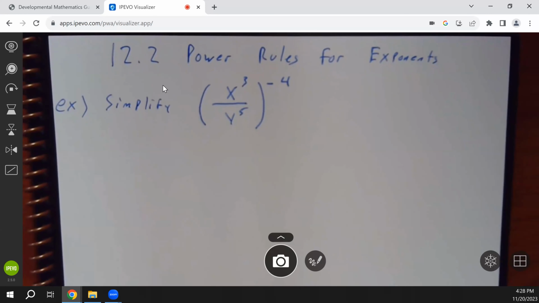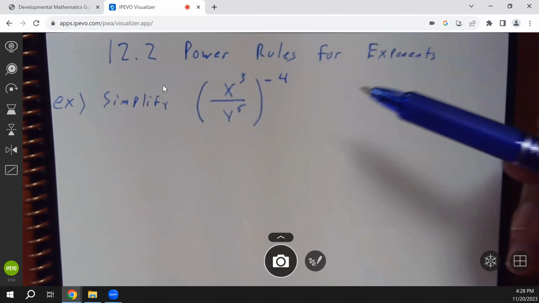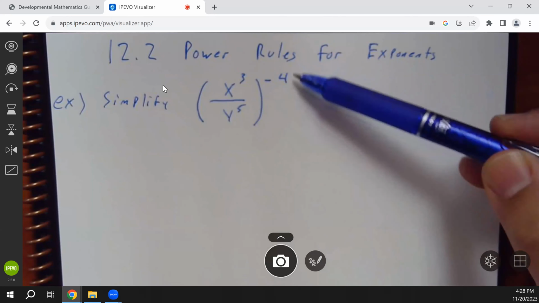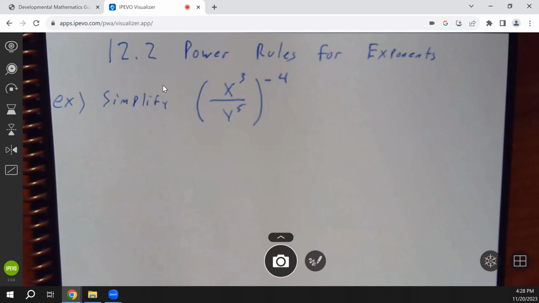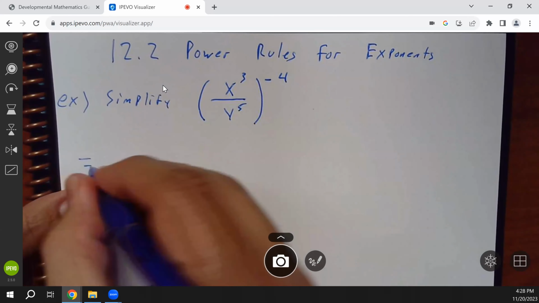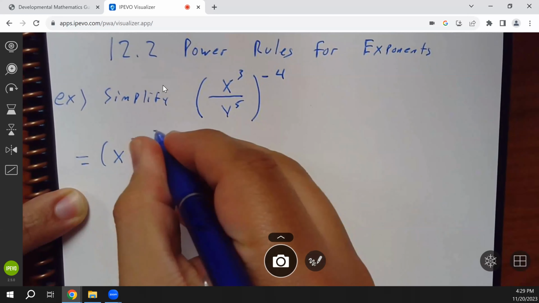Ready? To the first example. Simplify the following. We have a fraction. They both have powers already. You're raising it to another power. The fraction rule says each one will get that power.